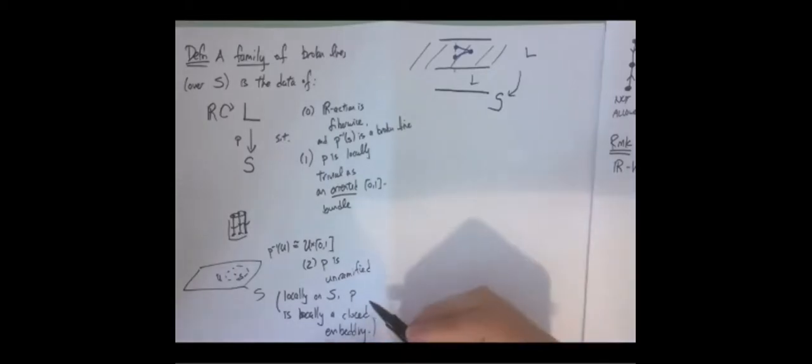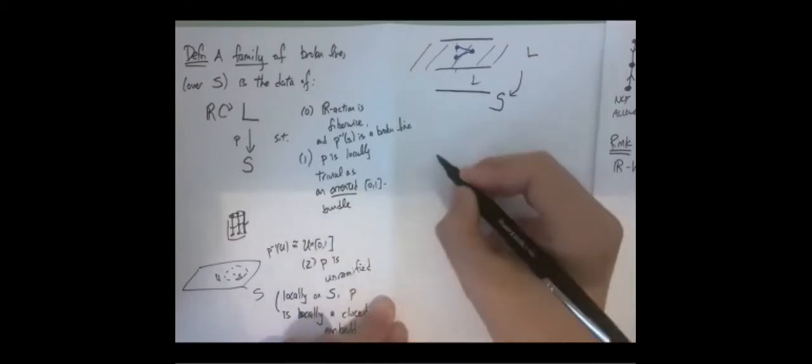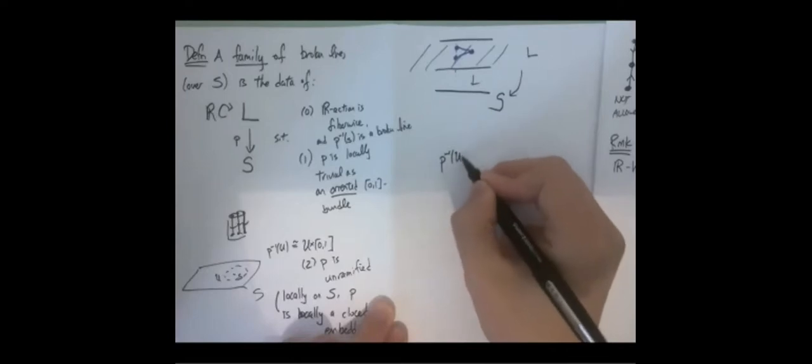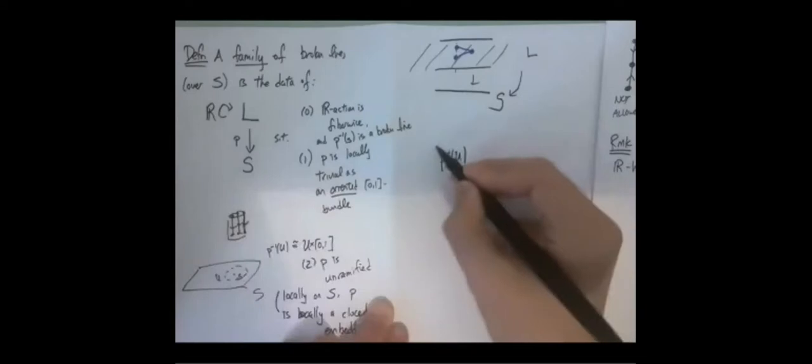Let me say an equivalent condition. Let's fix some small enough U, and look at its pre-image. That's some cylinder here. And let's look at its R fixed point set.